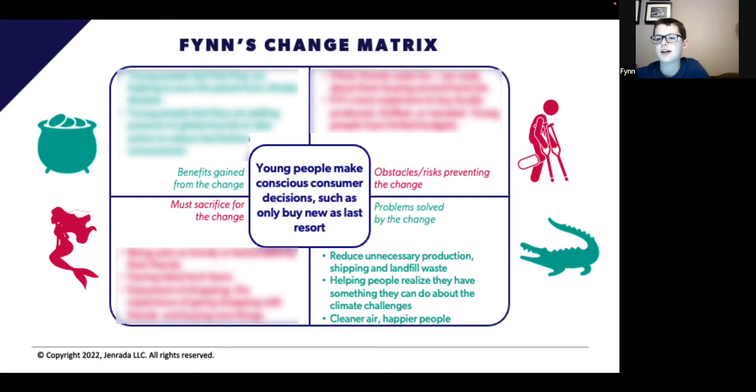And shipping and landfill waste reduction is going to be good, because when something's being shipped, that creates a lot of carbon. As we've mentioned before, shipping is a huge industry, and it uses a lot of carbon and a lot of fossil fuels to power a lot of the ships.